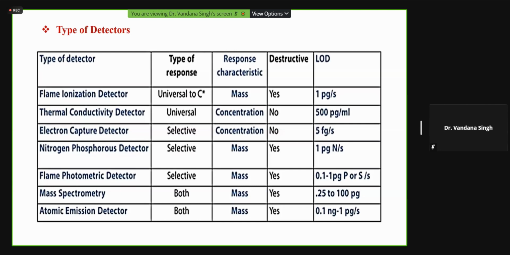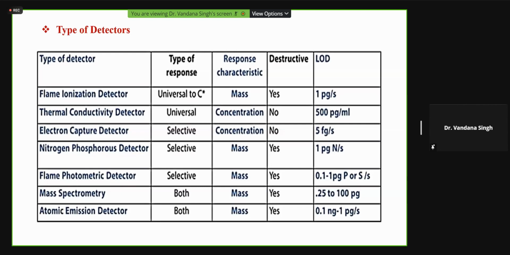This kind of change in the column is called column bleed. To avoid this column bleed, before each GC run the column has to be conditioned with the carrier gas, and it should be activated before use.